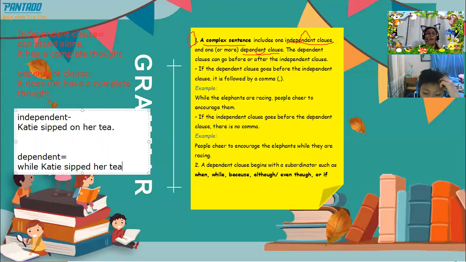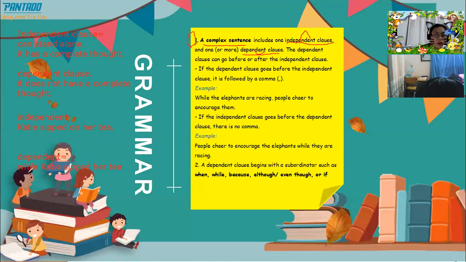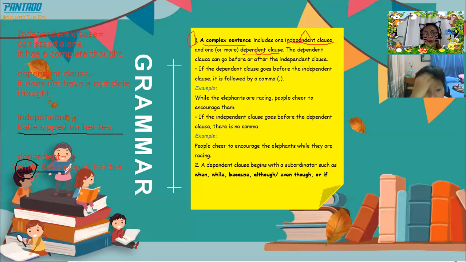Okay, so this is an example of dependent clause. As you can see, we use here the subordinator while. While. On this part, we don't use while. In this example, the sentence seems incomplete. Do you think so?